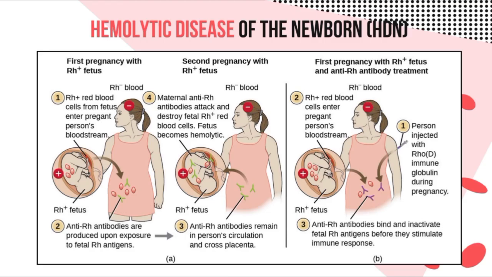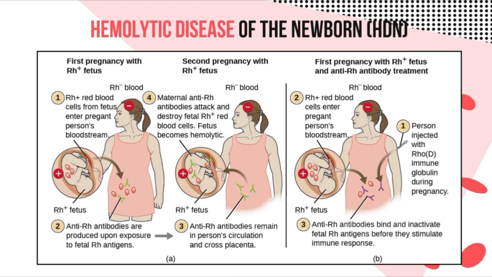So another example of the type 2 hypersensitivities, which involves RH factors, is the hemolytic disease of the newborn, or HDN. On the first part of the picture, it shows a pregnant mother with an RH positive fetus inside her. The mother is an RH negative person, which means that both their bloods are incompatible with each other.